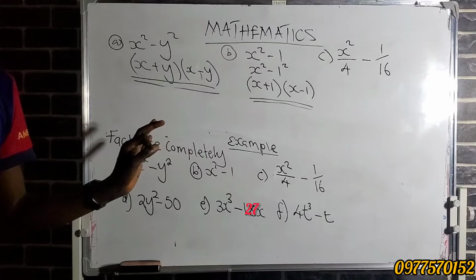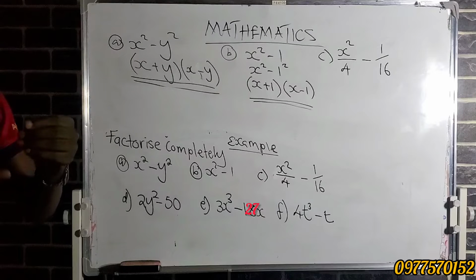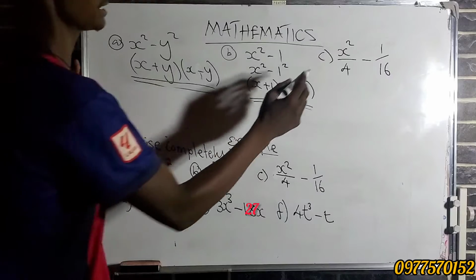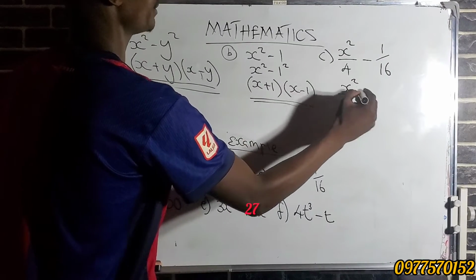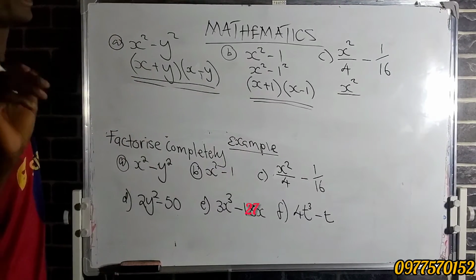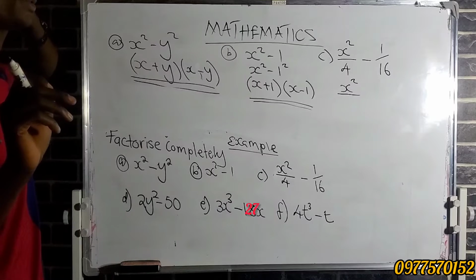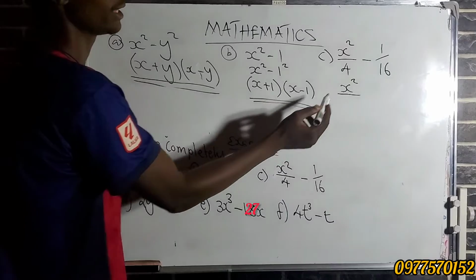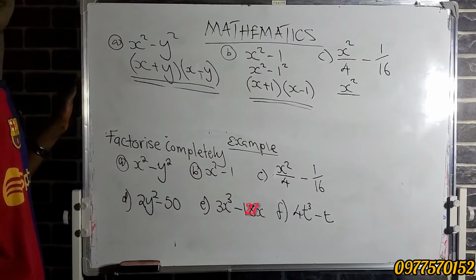No, right? But you can change. You can make the root to be squared, right? Yes. This one can be written as, since this one is x squared.